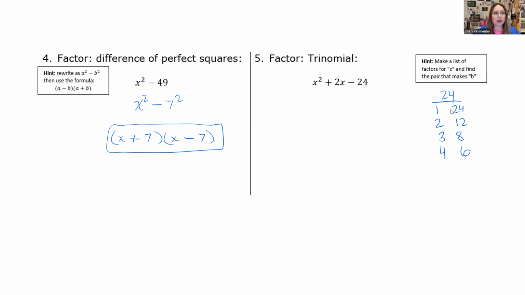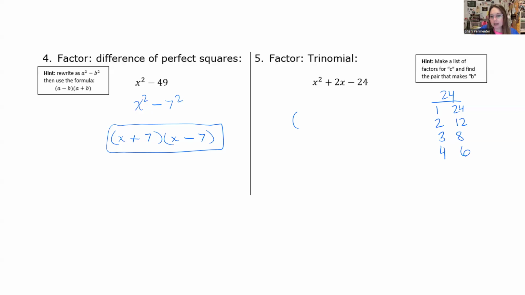So now I'm going to look for, and I haven't even looked at positive or negative yet, if I look, I need to find a factor pair that can put together to give me 2. Yeah, 4 and 6 is the only factor pair that can put together to give me 2. Why am I doing that?